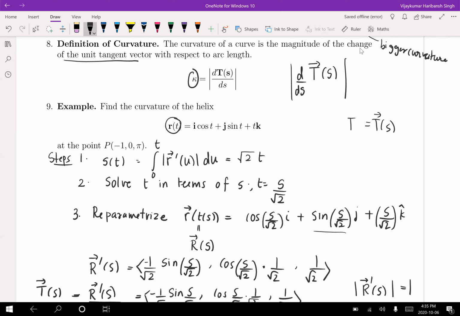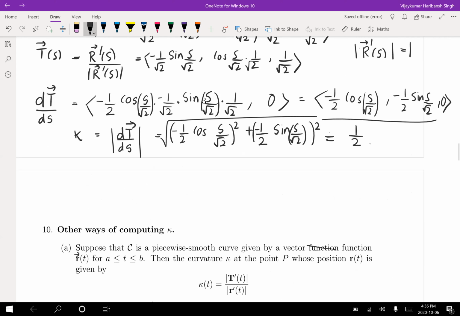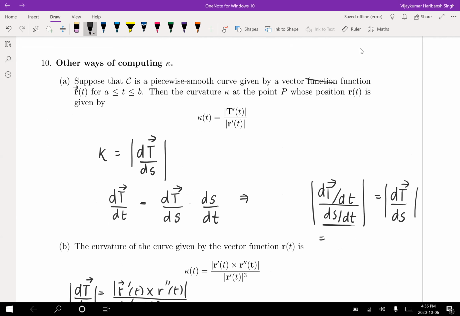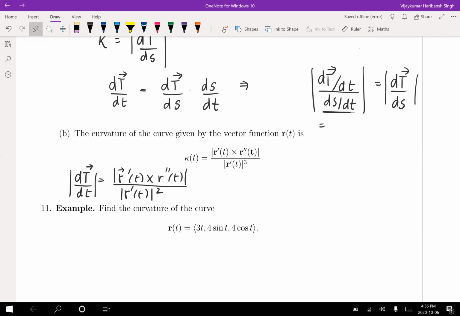That is, you look at d by ds of the tangent vector T. That means you're looking at the change of the unit vector with respect to arc length. Then the second one is where we used the chain rule to simplify it. And the third one is another formulation of it.